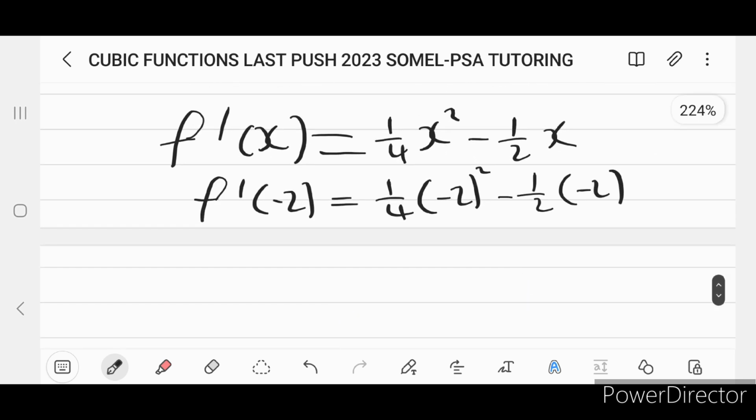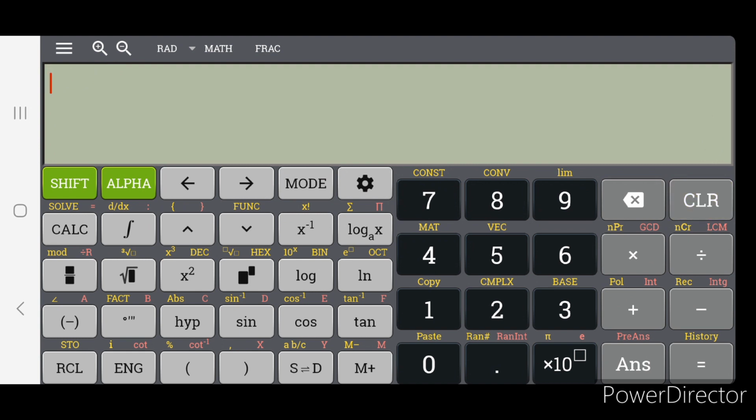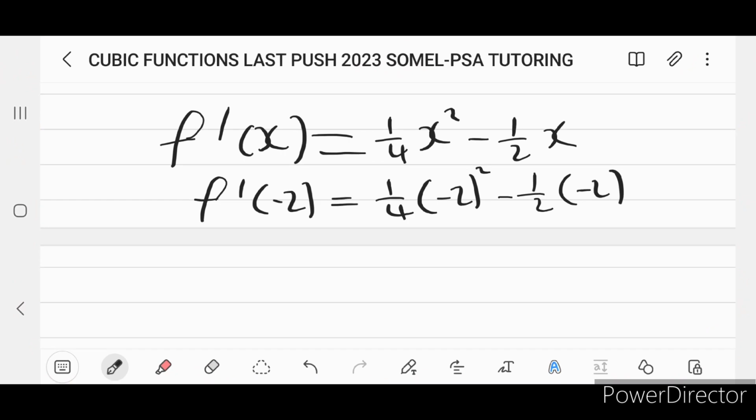Okay, so this is going to be 1 over 4 multiplied by minus 2 squared, minus half of minus 2. So it's going to be a positive 2. So the gradient is positive 2.